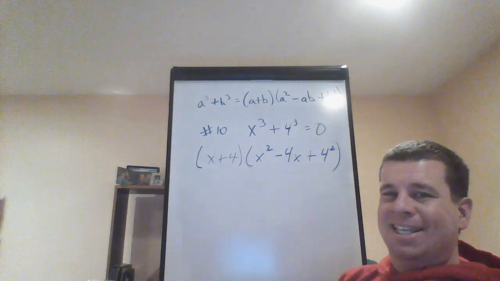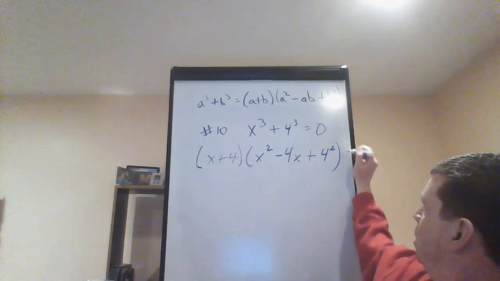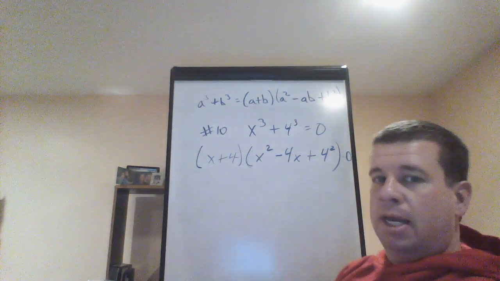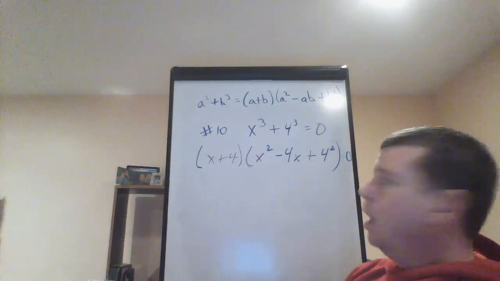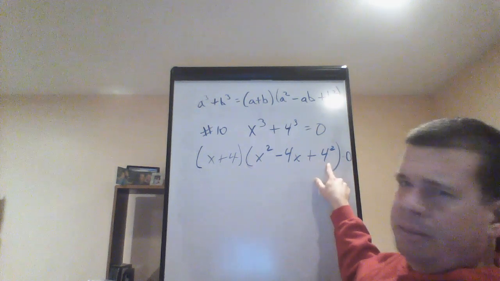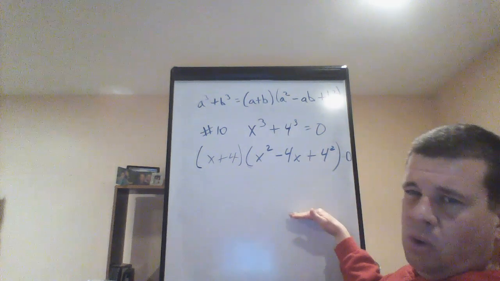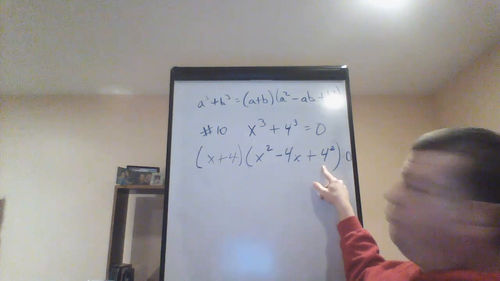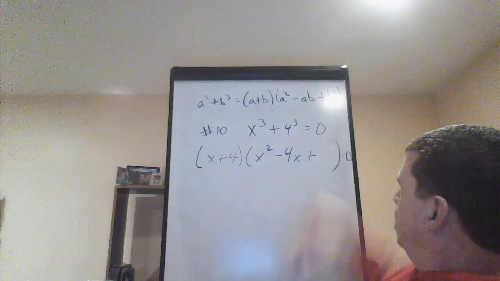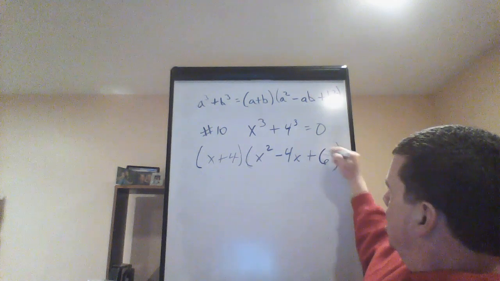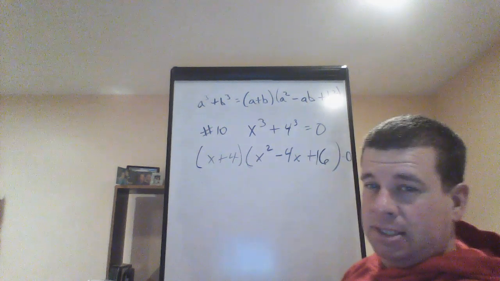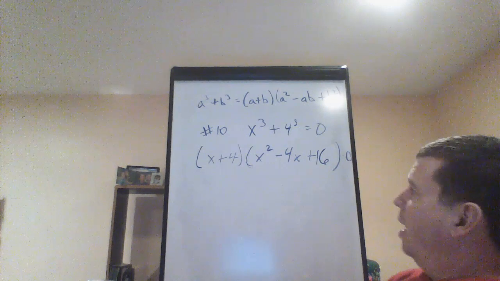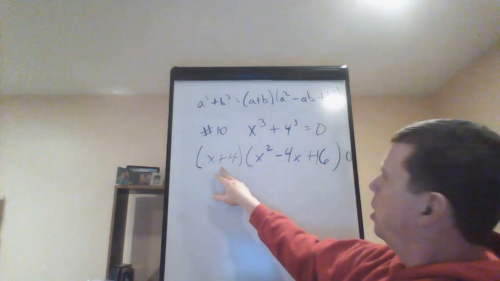And it still is equal to 0. I'm also going to write 4 squared as what it is, 16.